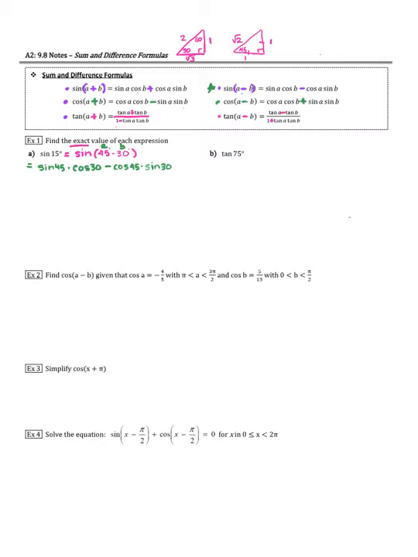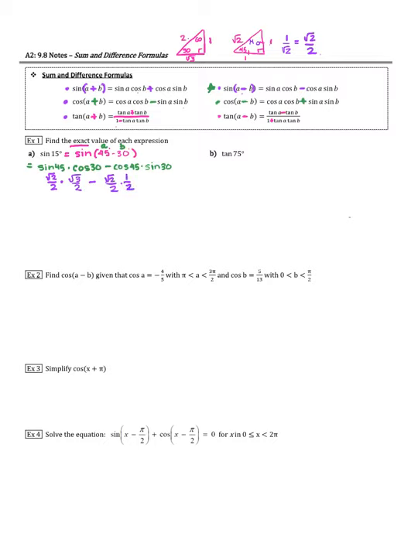Sine of 45 is opposite over hypotenuse, so 1 over rad 2, which rationalizes to rad 2 over 2. So sine of 45 is rad 2 over 2. Cosine of 30 is adjacent over hypotenuse, so rad 3 over 2, minus cosine of 45, which is the same as sine of 45, rad 2 over 2, and the sine of 30, opposite over hypotenuse.